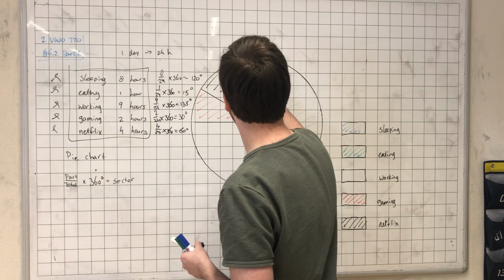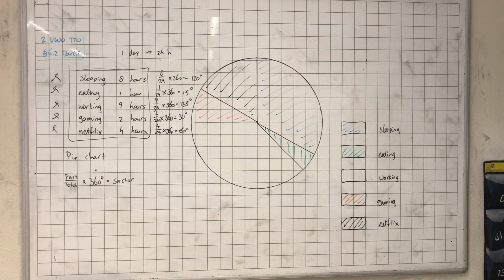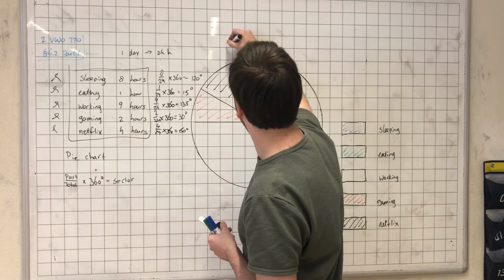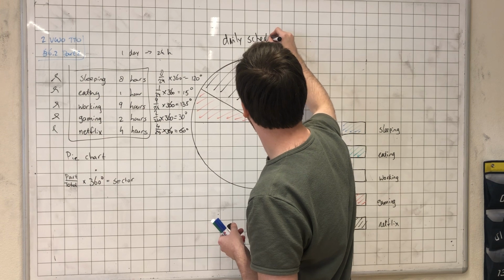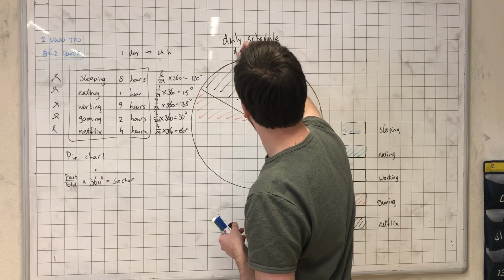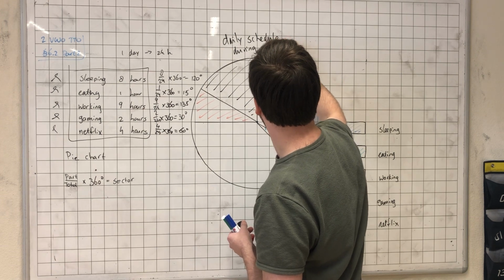So basically, drawing a pie chart is usually a lot of work, to be honest. But it's still not complete. Why not? Because remember, every graph needs to have a title. So this is basically my daily schedule during the Corona crisis.